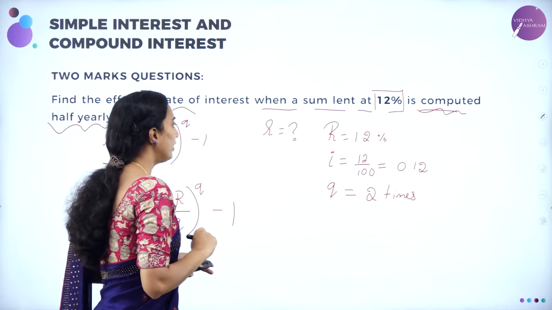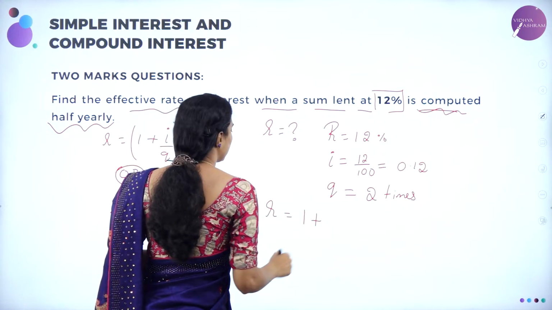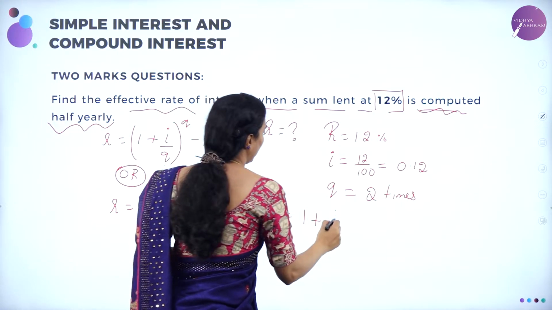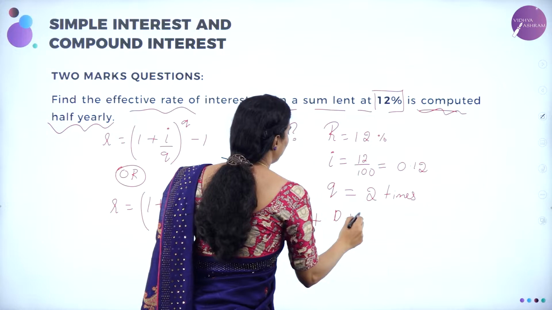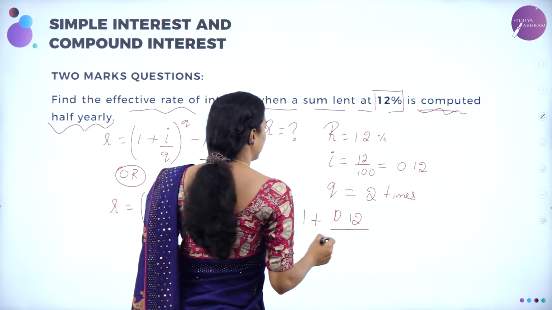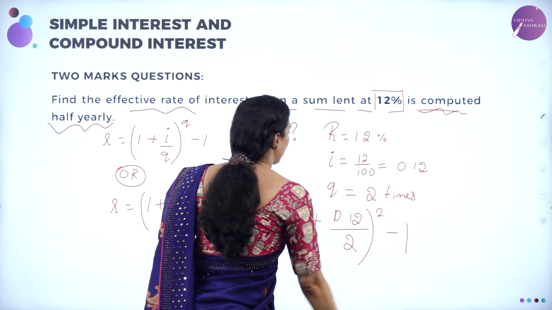Now we can substitute in the formula: r is equal to (1 plus i divided by Q) to the power of Q, minus 1. That is (1 plus 0.12 divided by 2) to the power of 2, minus 1.